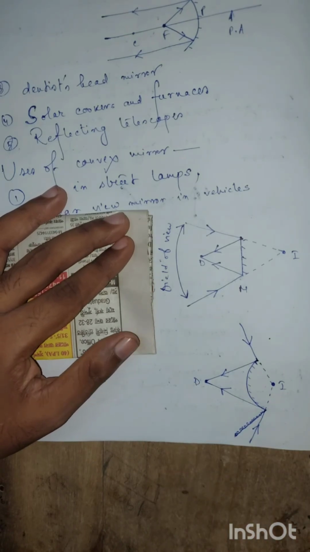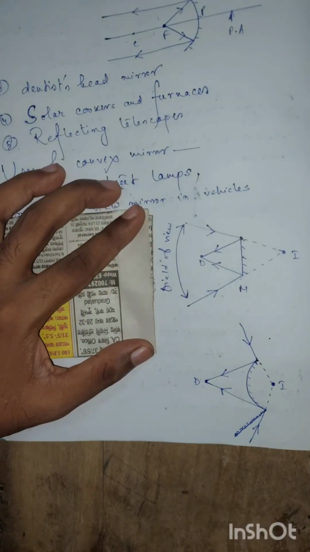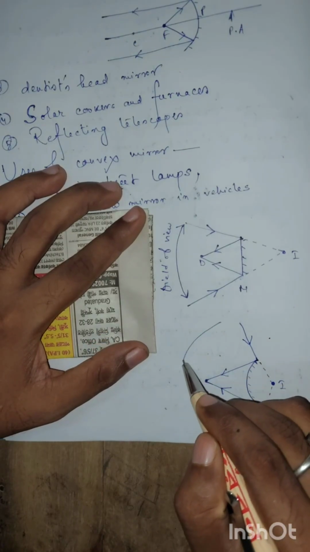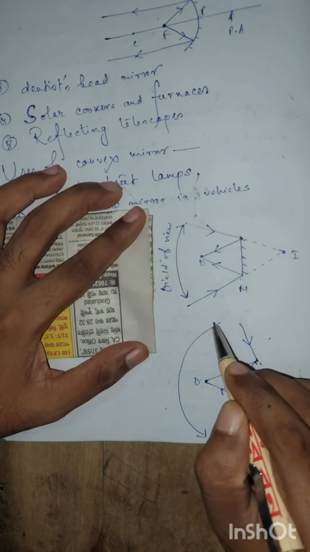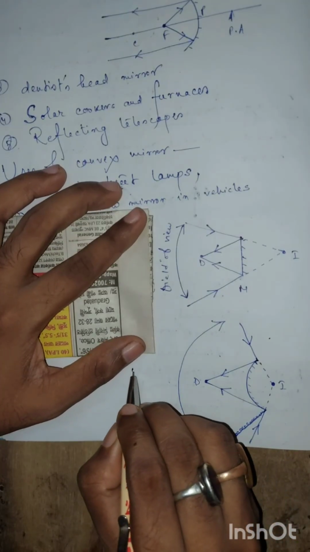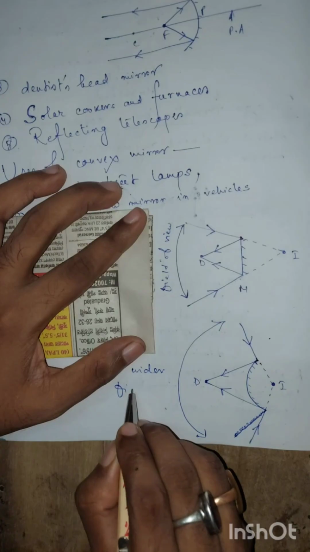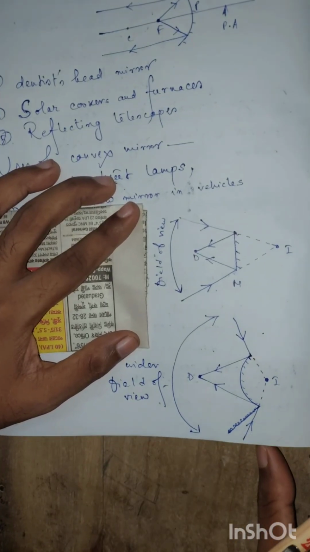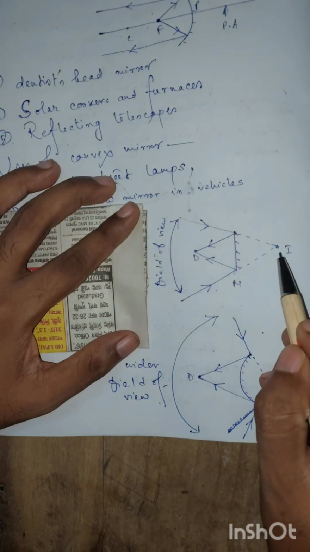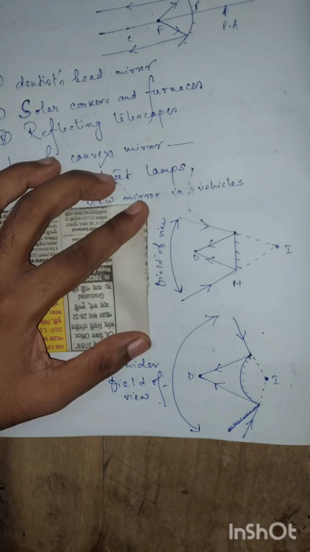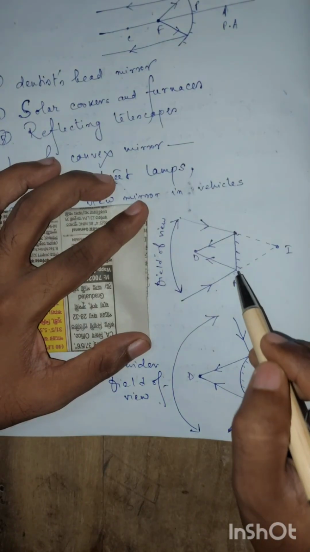So we can see that in this case the field of view is wider, but the image is closer to the mirror as compared to the plane mirror.